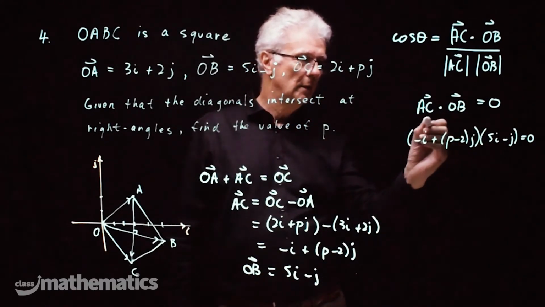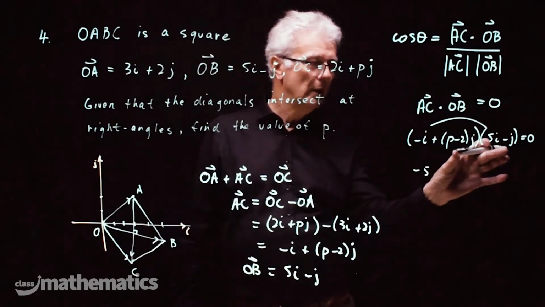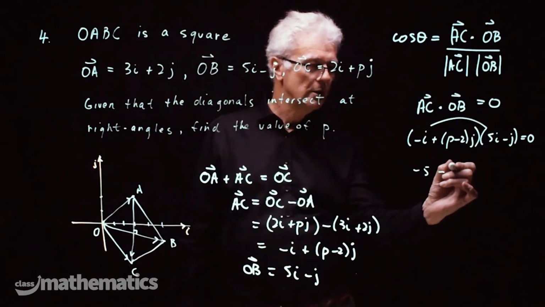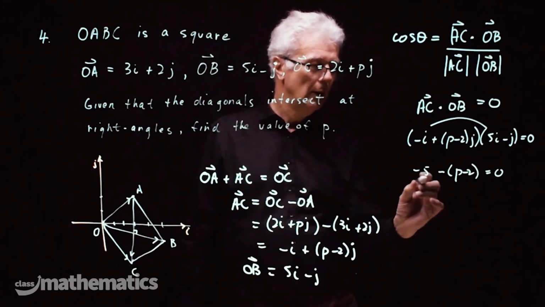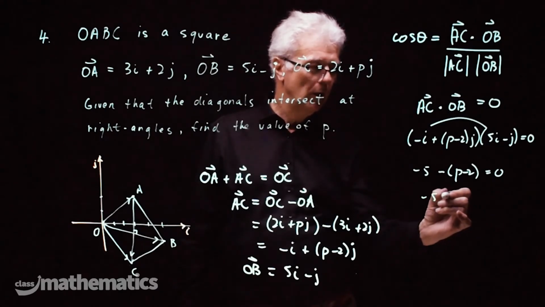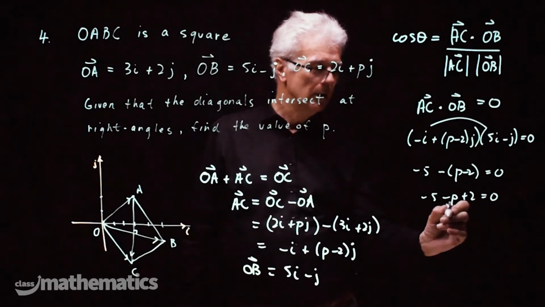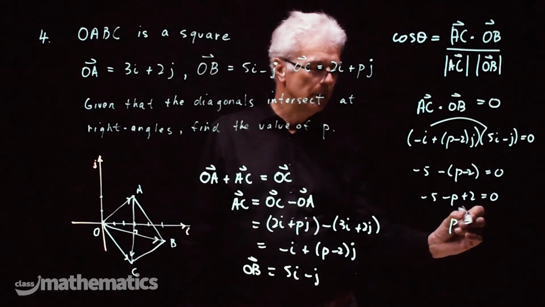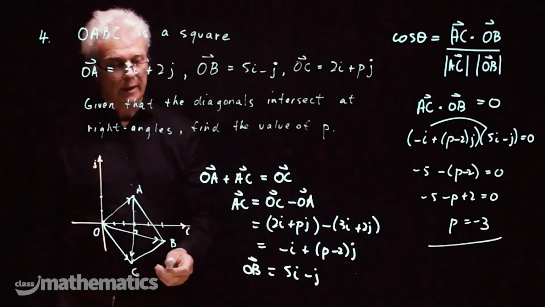Multiplying these two together, we get minus 5. Multiplying these two together, we get minus bracket p minus 2 equals 0. Removing the brackets, we get minus 5 minus p plus 2 equals 0. So here we get that p must be equal to minus 3. So p was minus 3.